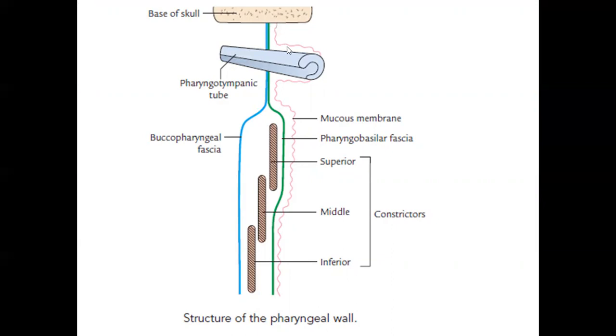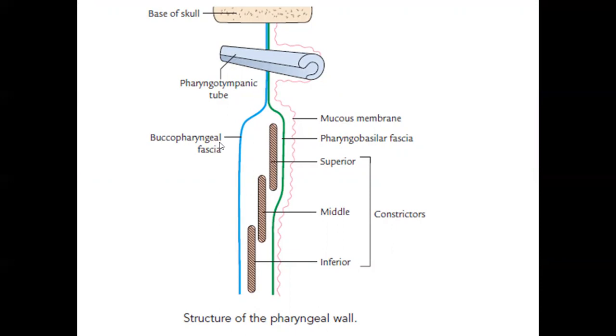First, we have the mucous membrane here. After the mucous membrane, we have this fascia, the green colored fascia, known as the pharyngobasilar fascia. After that, we have the muscle layer that consists of the constrictor muscles and the longitudinal muscles. And then we have another fascia outside, known as the buccopharyngeal fascia.